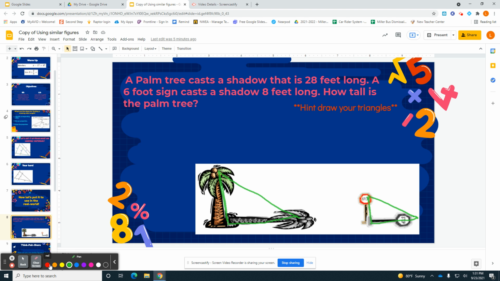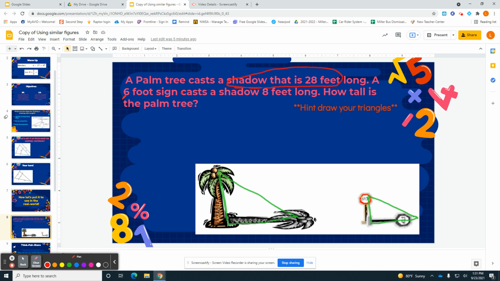Okay, so now let's label it. So it says a palm tree casts a shadow. So the shadow is 28 feet long. And then a 6-foot sign casts a shadow. So let me erase that.